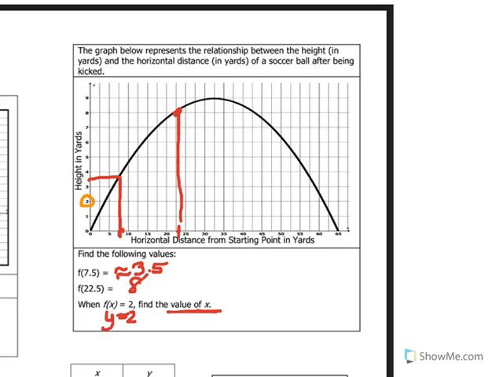So here's where y equals 2, and so I'm going to travel across my graph, and we have a point there, but we also have a point over on this side. And again, those are not exact, but it's approximately what?